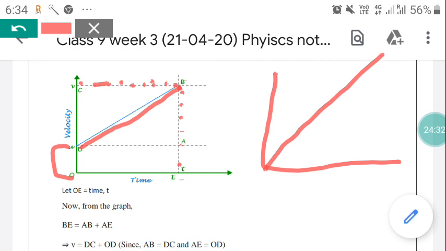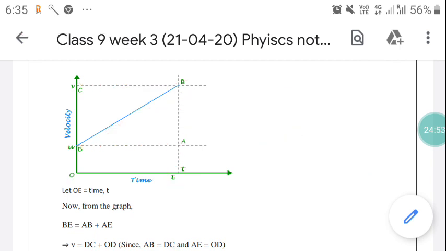And for v, I will again draw a line parallel to the x-axis, which is the time axis, and if I draw parallel to the y-axis, it is point E.